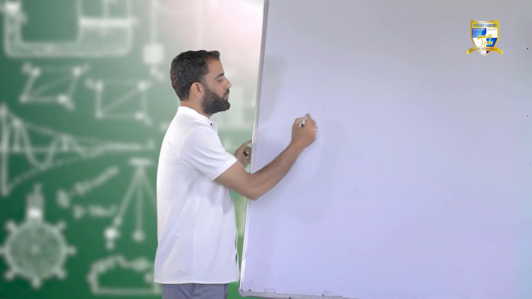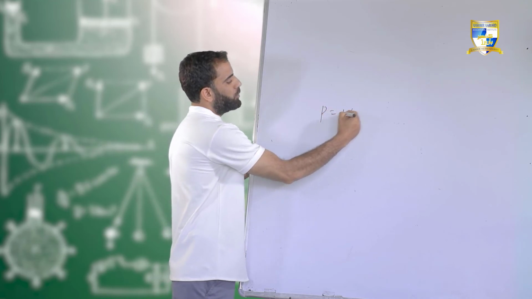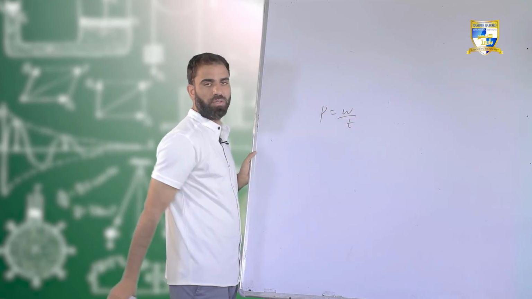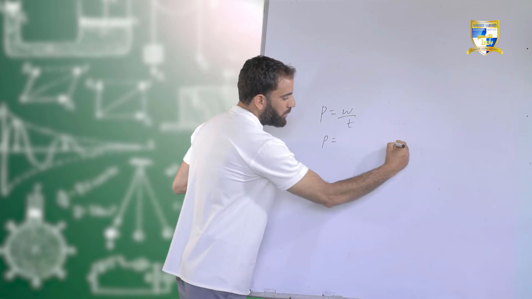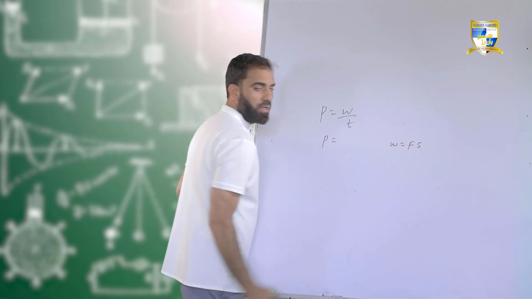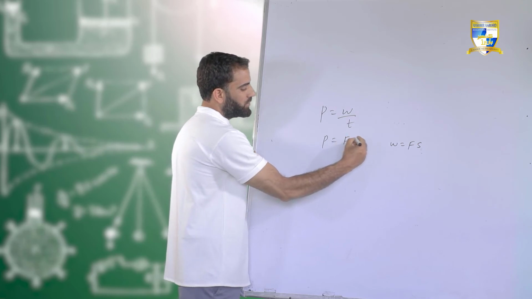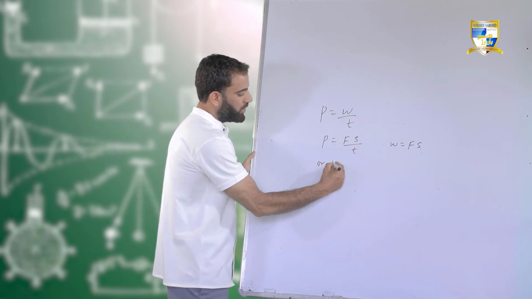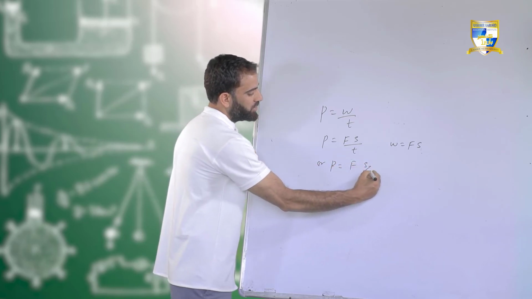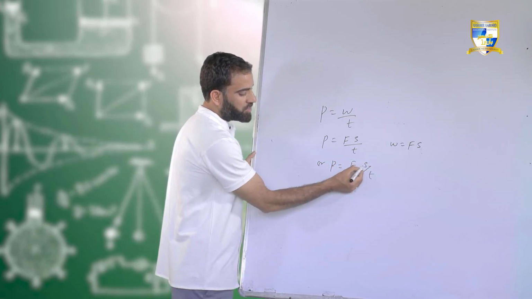So we know that power equals W by T. Let us modify this equation a bit. We know that W equals Fs, so P equals Fs divided by T. What is s? Displacement. What is t? Time.